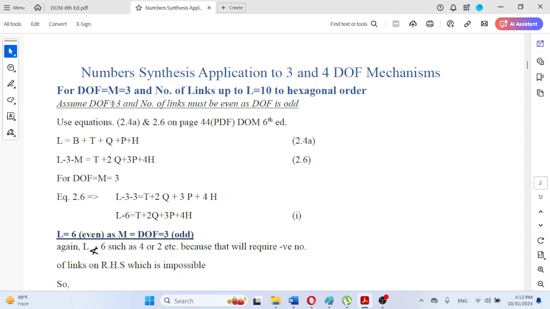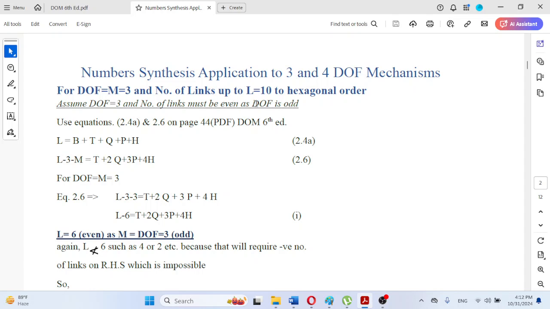So assume DOF is equal to 3. The number of links must be even as DOF is odd. If DOF is an odd number, then the number of links must be even.